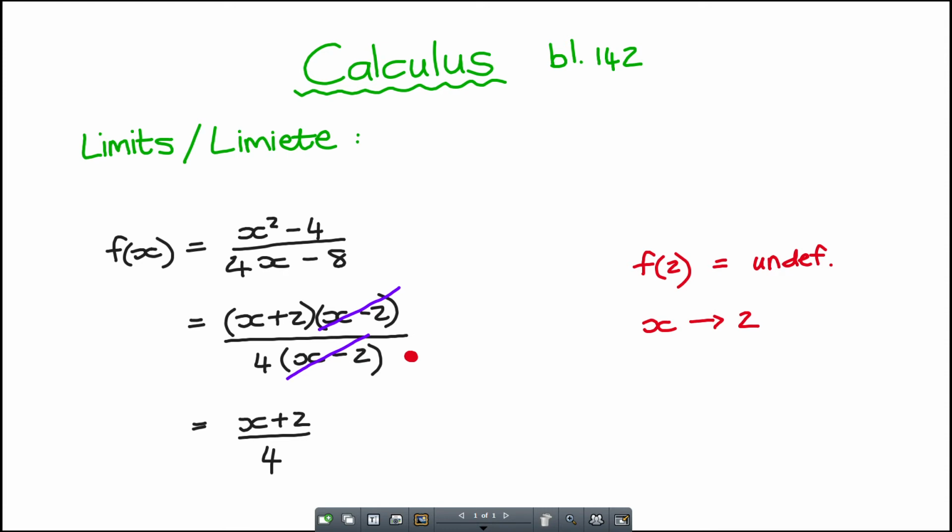Ek wil hom net so 'n bietjie opskuif, dat dit beter lyk. So hulle gaan vir my dit sê. So fx, en dan gaan hulle hier vir my vooraan sê. Die limiet van fx, and then x strives towards 2.